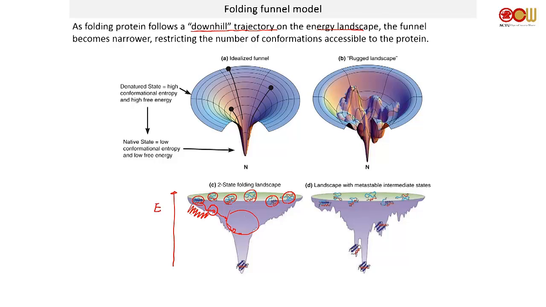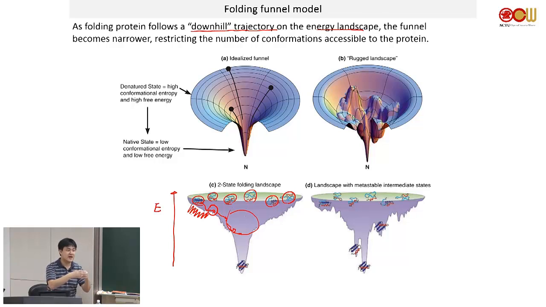The more you fold, the fewer conformational states your protein can have, which makes sense. Once you form a stable secondary structure, for example an alpha helix, it doesn't just randomly pop out. So gradually you converge down to your completely folded state.